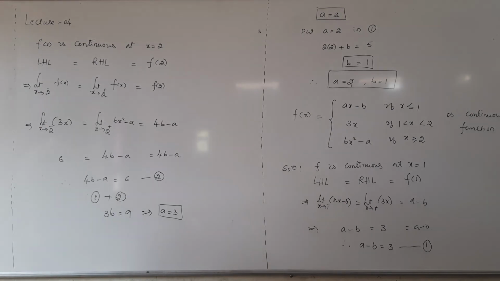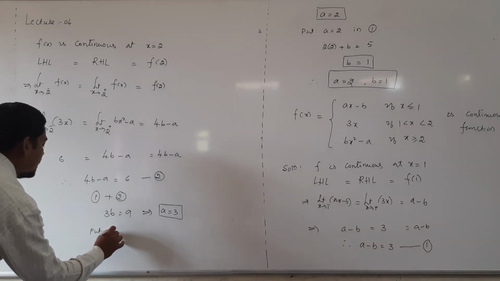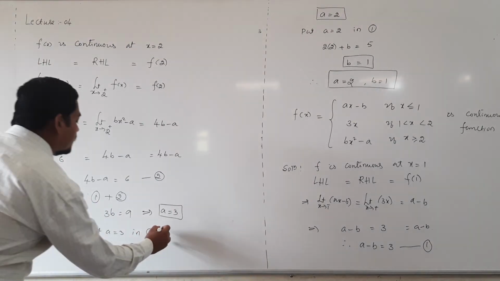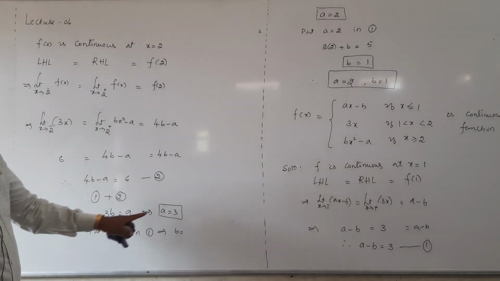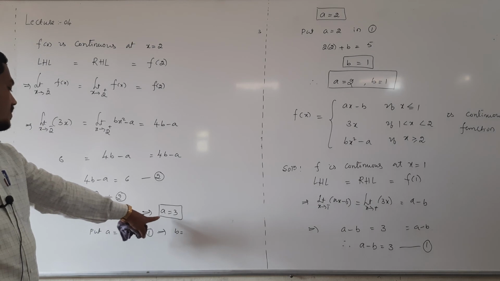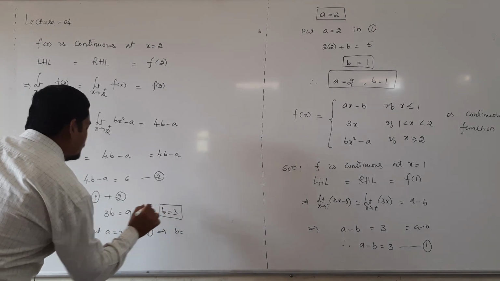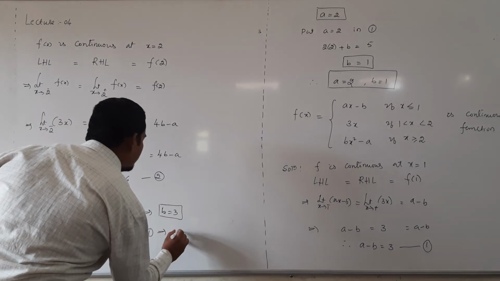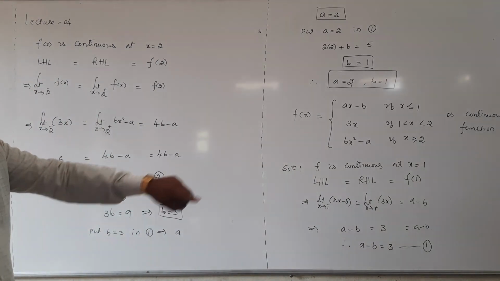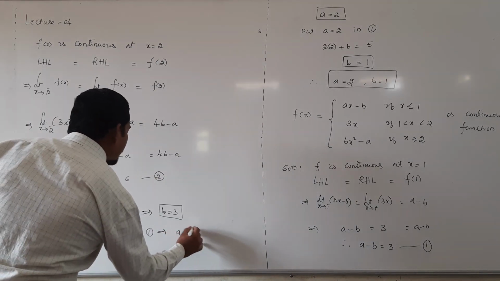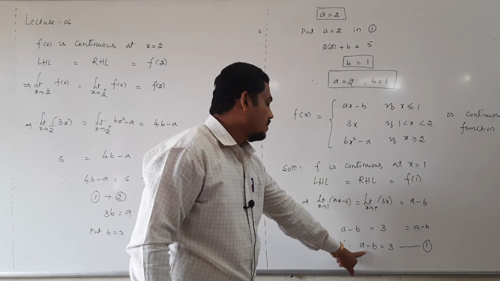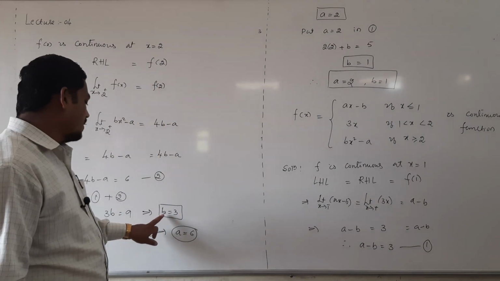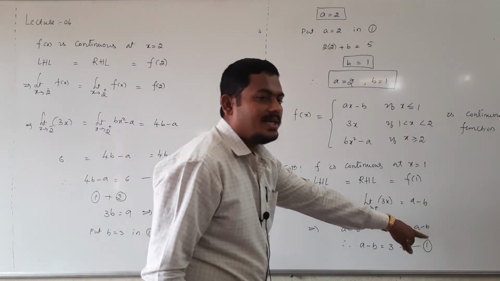Put b equal to 3 in equation number 1, then you get the a value. b equal to 3 means what is a value? a minus 3 equal to 3, send 3 to RHS, plus 3, 6.